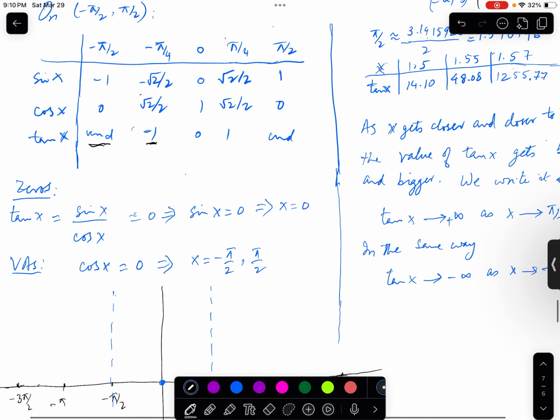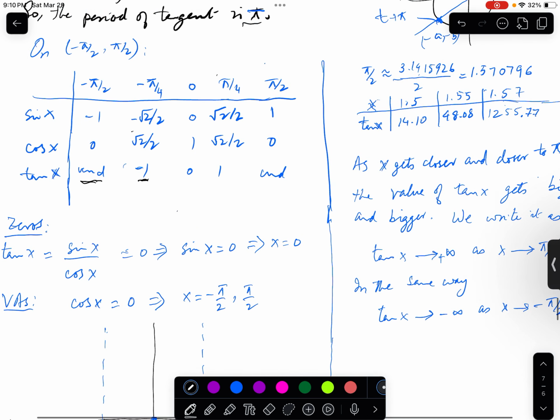Pi is about 3.141596, up to 7 decimal places. Divide by 2 and we get this value. This is the approximated value of pi over 2.